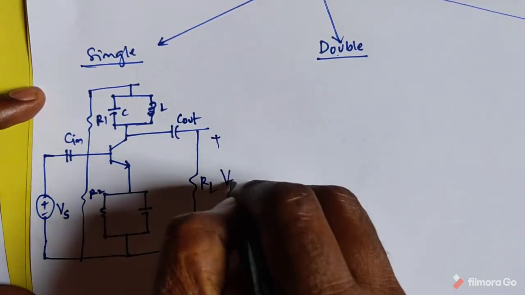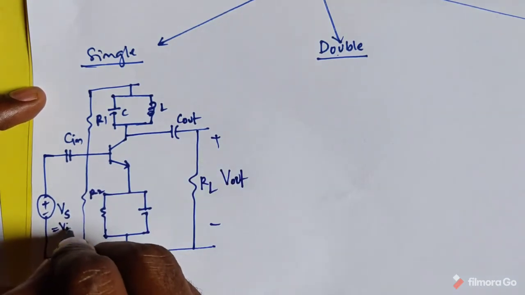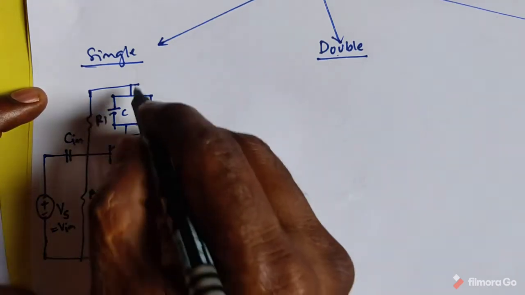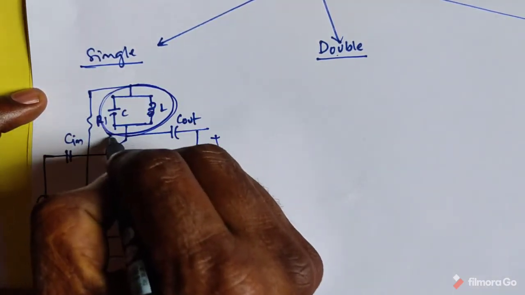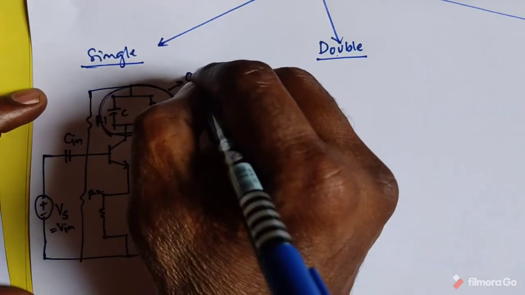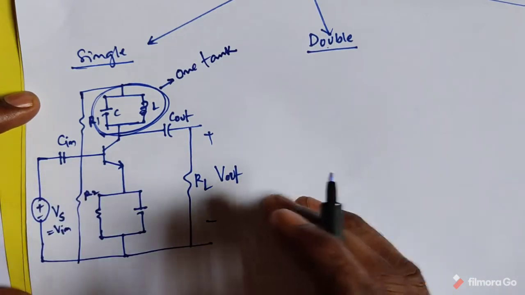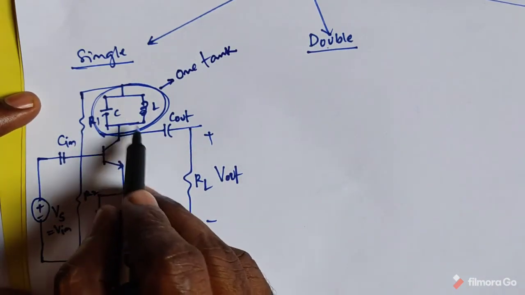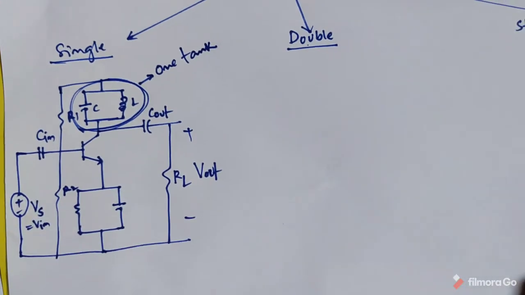Across the output load resistance, you can calculate the output value. What is meant by single tuned is that at the output stage you have only one tank circuit or one resonant circuit. With the help of this you can store some voltage that is connected to another stage. So this is the actual single tuned amplifier.